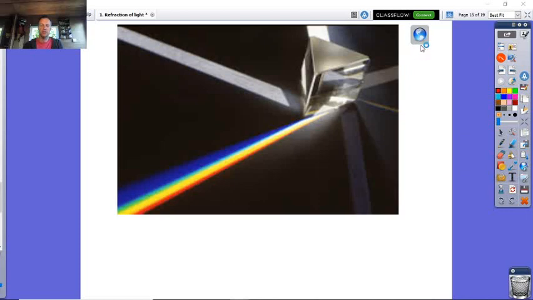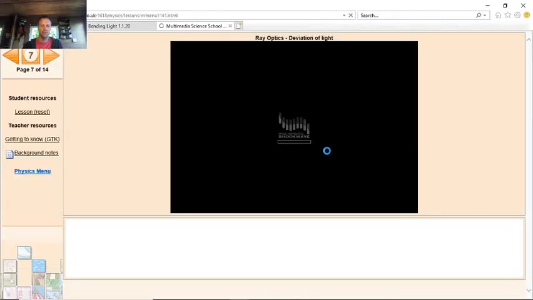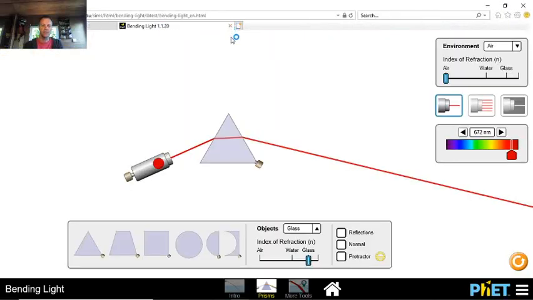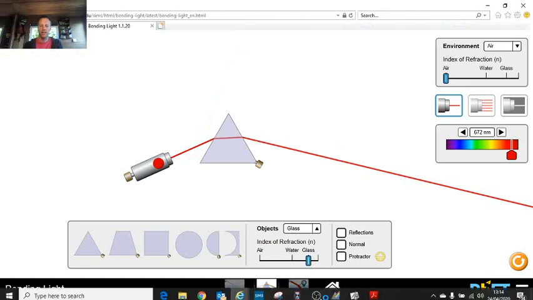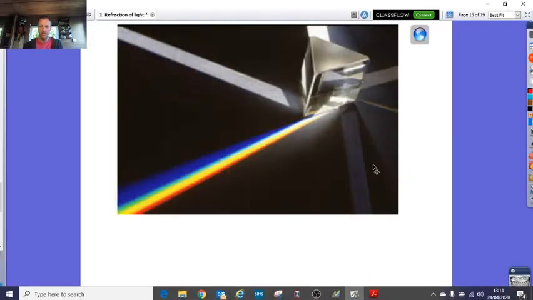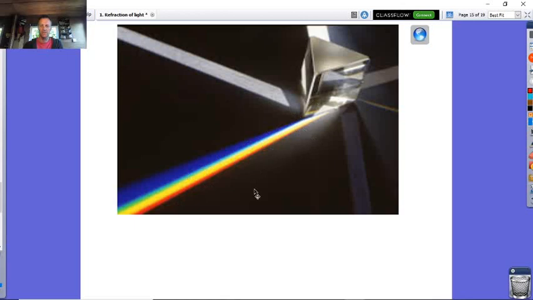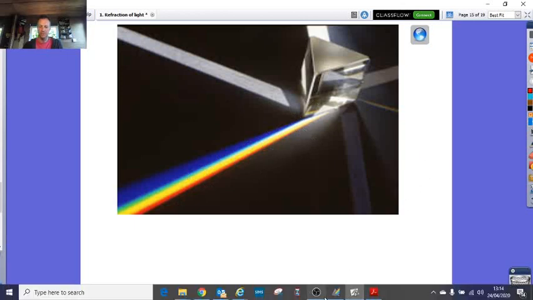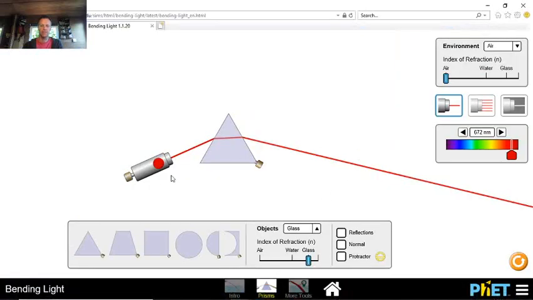Now, the last thing to mention, as linked to here, was all to do with the bending of light. And this is where light comes through and you start seeing all different colors come out of the prism. I have mentioned this in the last video, but to recap, if light comes through the prism, the amount of bending also depends on the wavelength.